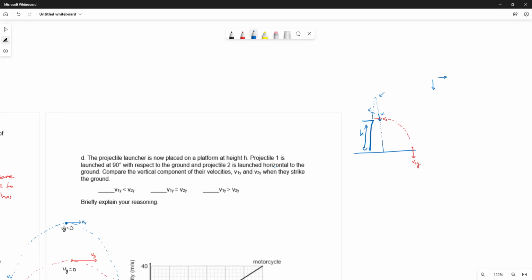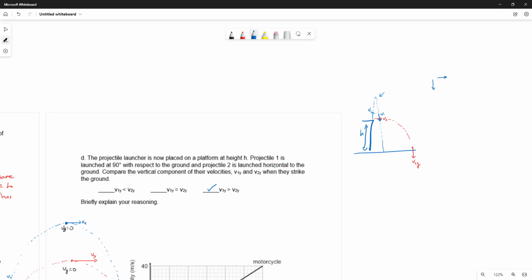And that's basically what's happening here: v1 is going to have a greater velocity than v2 in the y direction, because as it climbs up and climbs back down, the velocity that you were throwing it up with now becomes the velocity it's being thrown down with at that height, right?